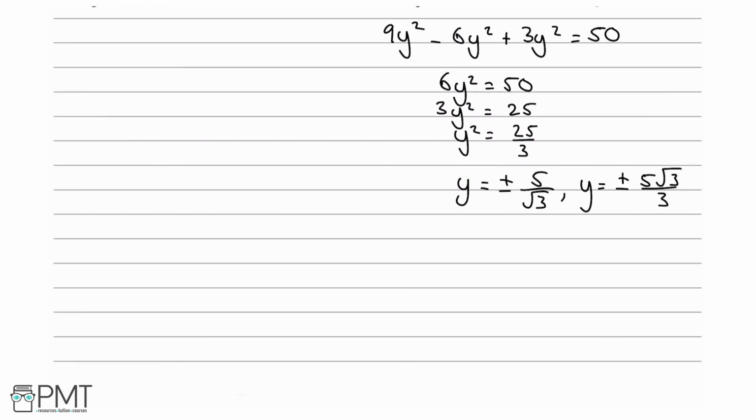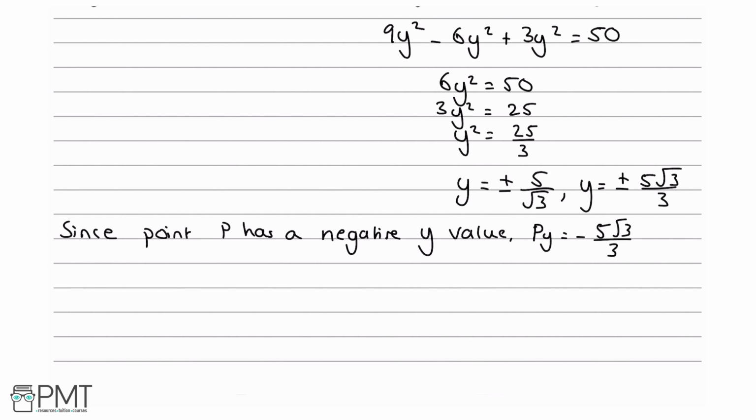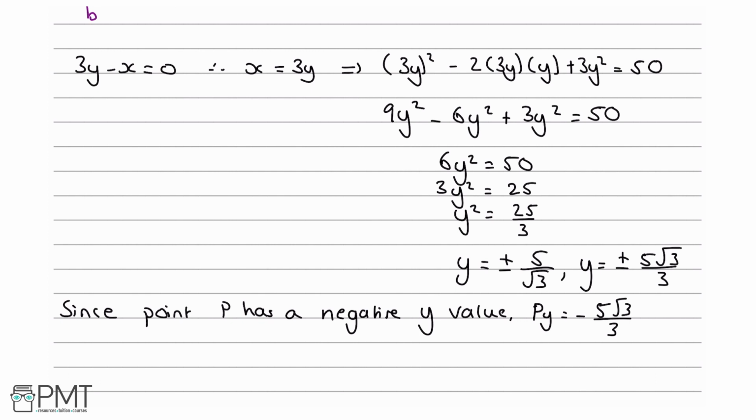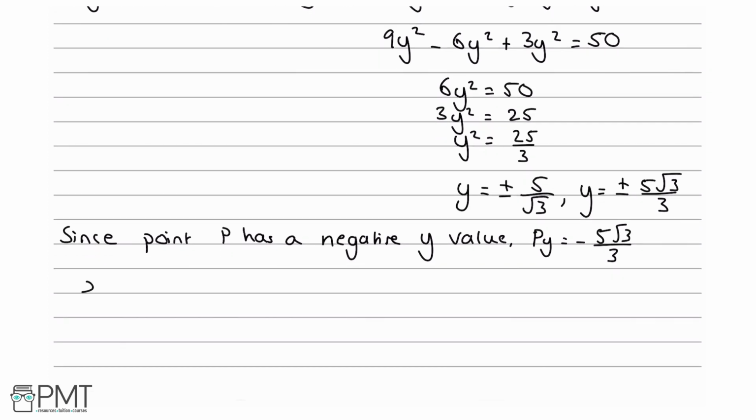So from here, what we can say is, since point P has a negative y value, we can say the y coordinate of P equals minus 5 root 3 over 3. The final step is to find our x coordinate, and we know that x equals 3y.